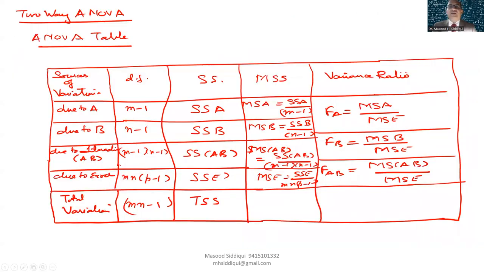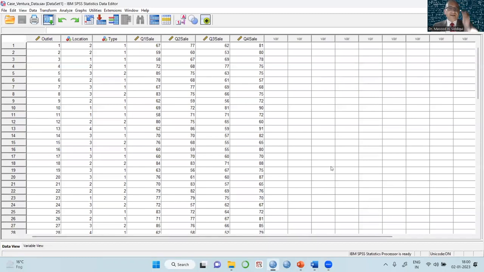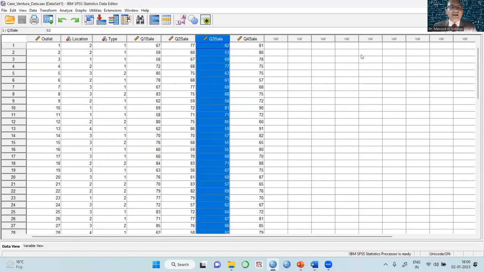So now I'm going for the data analysis using SPSS. This is the data set that we are using. Again, we are concentrating on a particular quarter sale, that is Q3 sale. You can replicate this for Q1, Q2, and Q4 also.